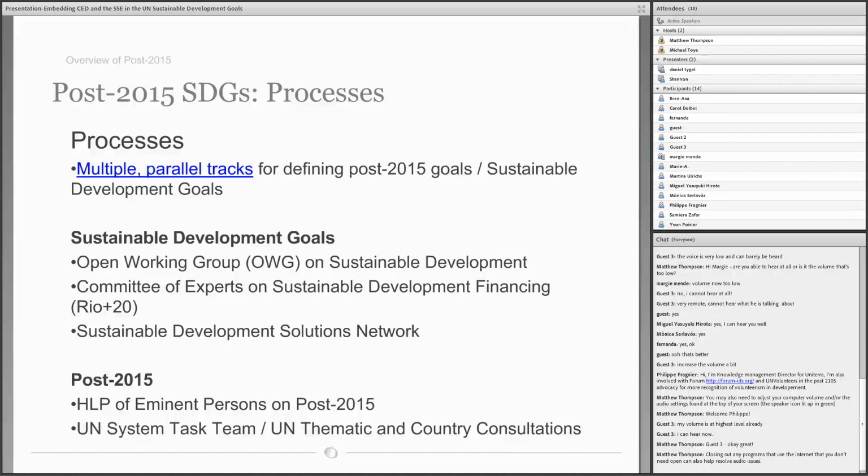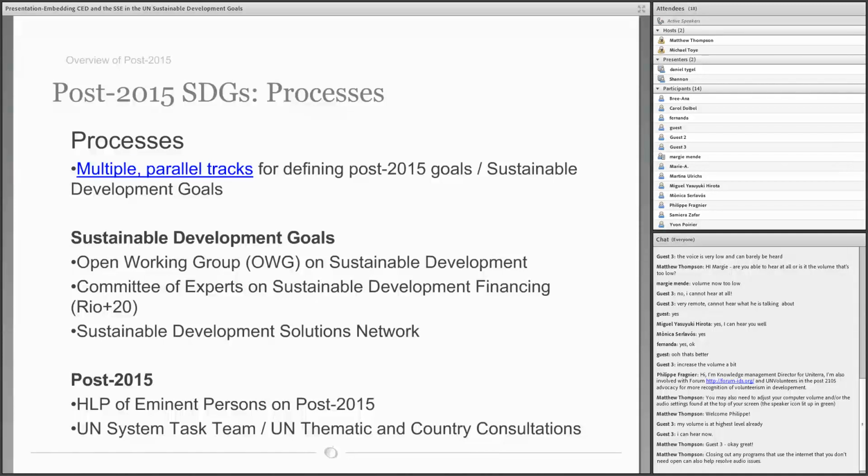The other is, of course, that the Secretary General of the UN also put together a high-level panel of eminent persons on post-2015, which produced a report in May 2013 where they, too, outlined what could be a potential agenda going forward.